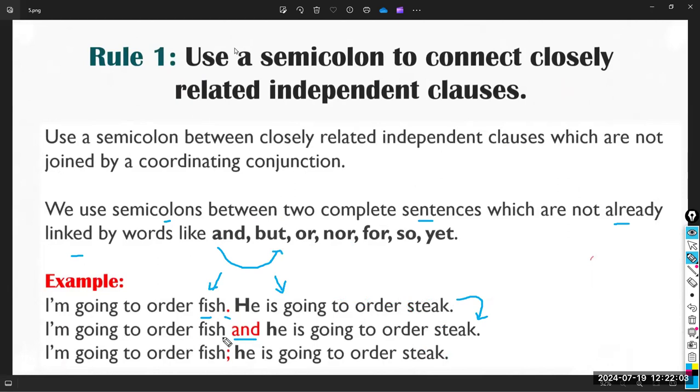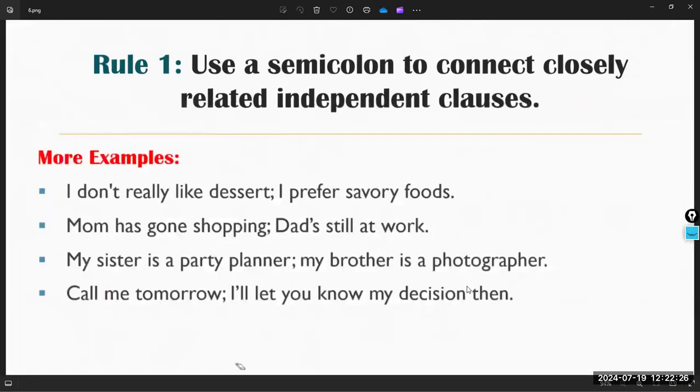So: I'm going to order fish and he is going to order steak. Now, instead of using one of the coordinating conjunctions, you can use a semicolon. So the same example: I'm going to order fish; he is going to order steak. So please be careful about this rule because it's really important.